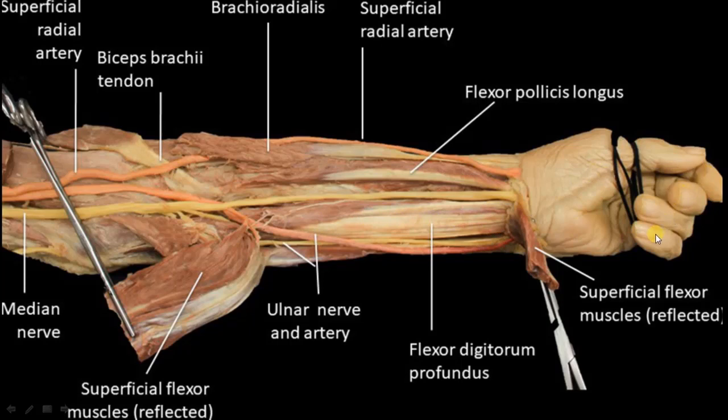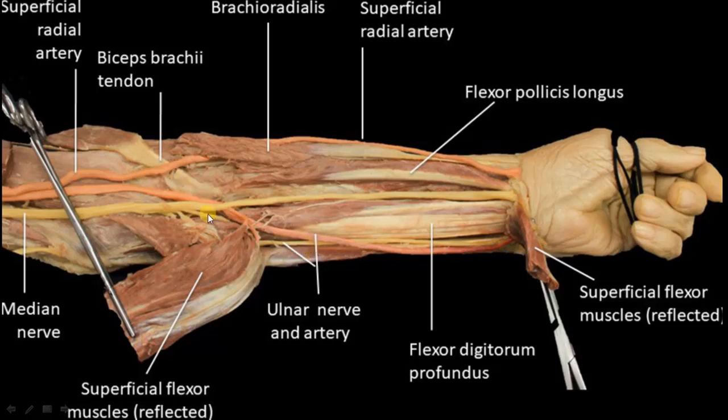You are able to see the median nerve, the ulnar artery and the ulnar nerve. This is actually your radial artery. The radial artery is somewhat deeper, whereas the ulnar artery and ulnar nerve are superficial structures on the medial side of the forearm.